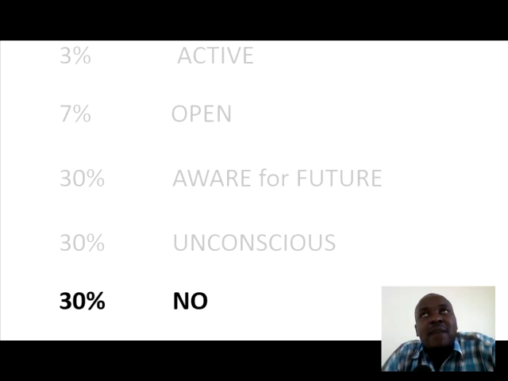So your aim and your goal as a salesperson is to position yourself so that the 67% that I'm going to talk to you about are ready to buy from you. So 7% are open. Yes, 7 plus 30 plus another 30, that's the 67%. Another 30 that is aware for the future, and another 30 that is unconscious.